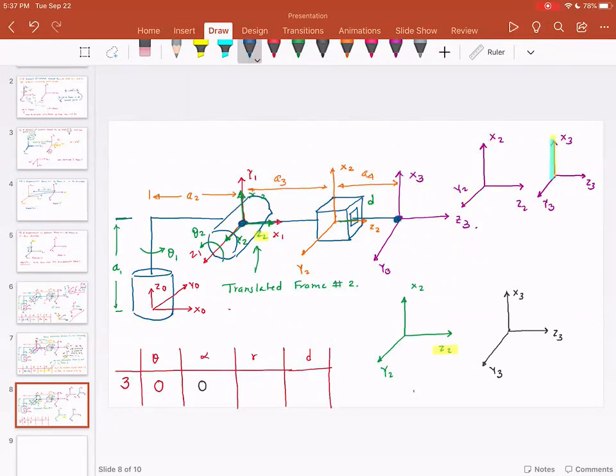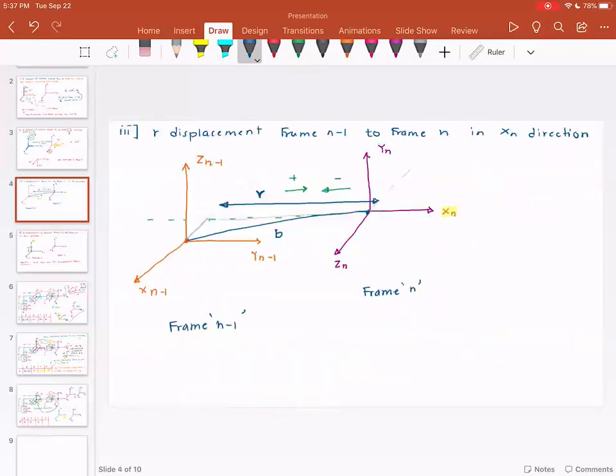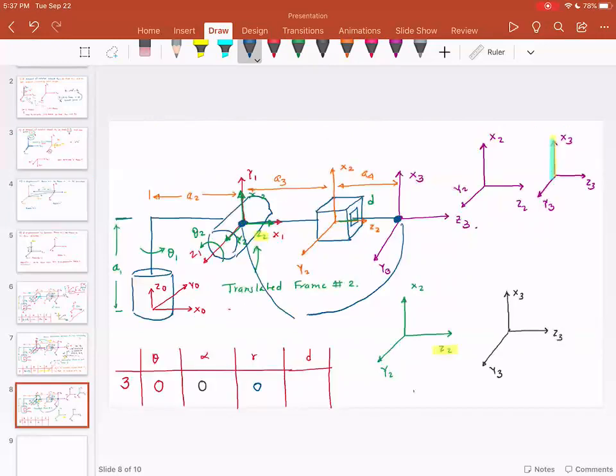So these are the two frames that we are considering, and I'm interested in the distance along R, which is around x. That distance is 0. So the distance between these two frames along xn, which is along x3, is 0.